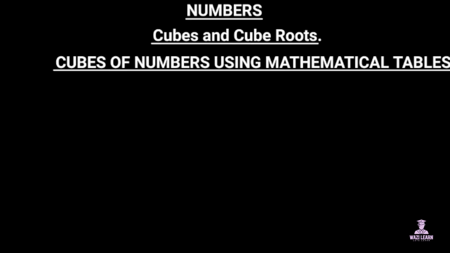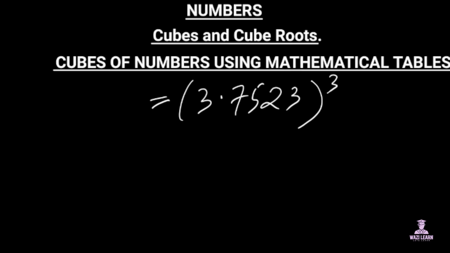Let's do another example. Let's say you have 5 significant figures, 3.7523. Here you round off the number to 4 significant figures, so it will be 3.752. This is now the number you find the cube of. So it is 3.7.